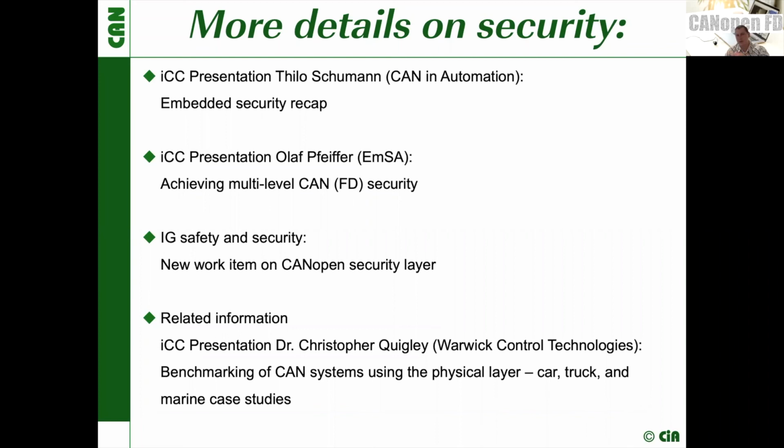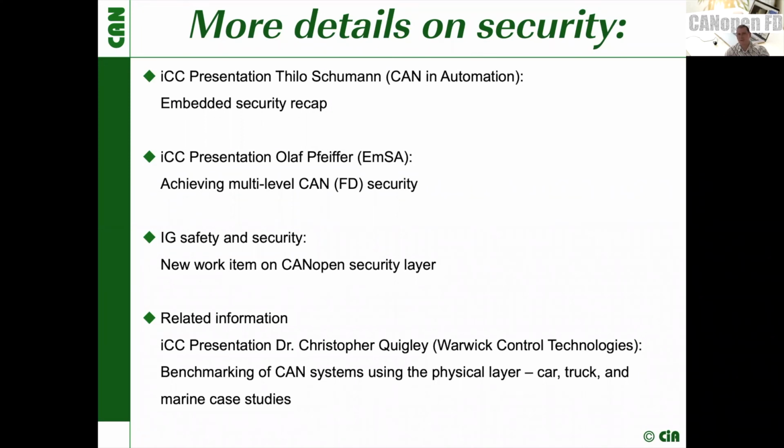But what they are showing here is also applicable for CANopen FD: that you do some CAN ID guarding, some deny and allow listing, that you group devices together into a group that can share secure, encrypted data among each other, and others connected to the same physical wire cannot get the gist of the data. So these things have been presented here.